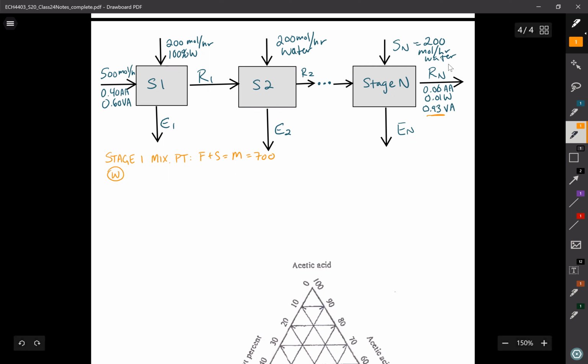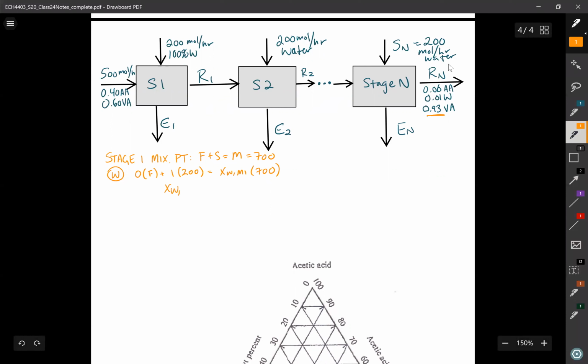Let's just do water. Water coming in, there is no water in the feed, so 0 times F plus 1 times 200 is equal to X water mixing point 1 times 700. And the composition of water is 200 divided by 700, or 28.5%.